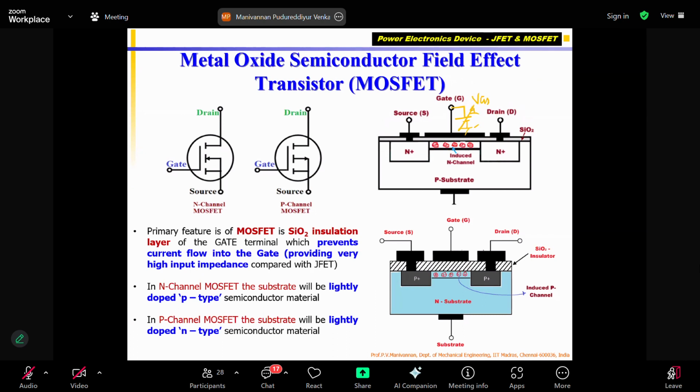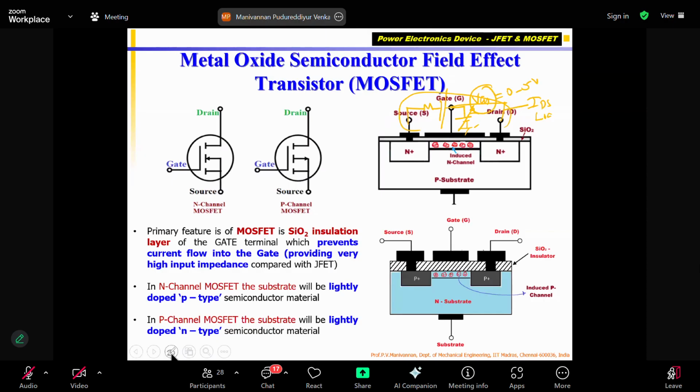If I give a positive voltage, for example 0 to 5 volts, and increase it, there will be a current flow from drain to source. So by controlling this VGS, I am controlling IDS, which is called load current. This is how the MOSFET works.